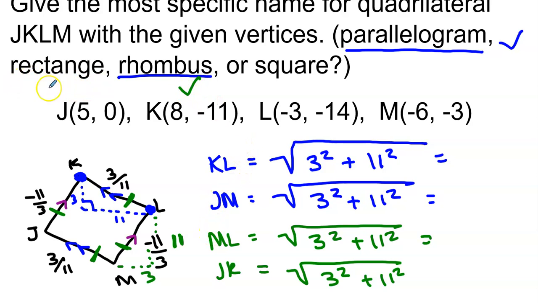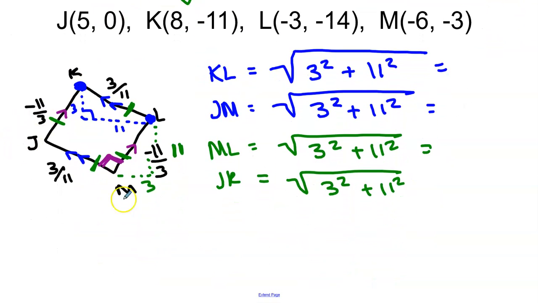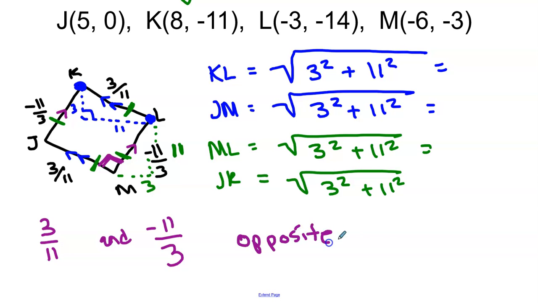Let's try to see if it's a rectangle or a square. Probably the thing that I would look for is, do you know that these corners are perpendicular? And we do know the corners are perpendicular. The corners are 90 degrees because 3/11 and -11/3 are opposite reciprocals of each other.